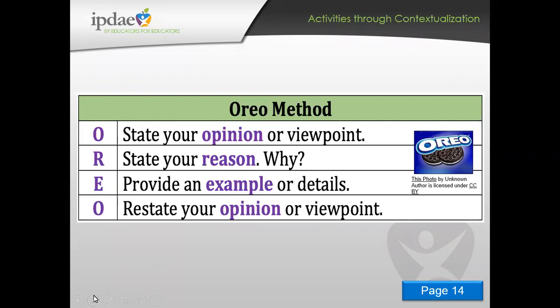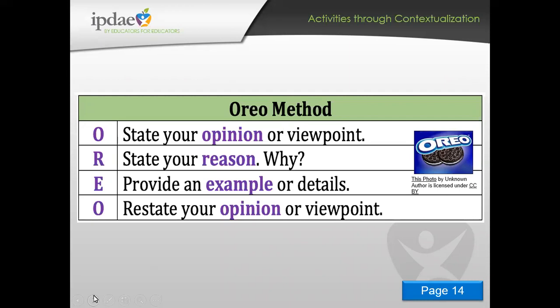In a contextualized activity, students can write about how they feel about specified topics, such as the best way to advertise a product. They can do that in the Oriole Method. And how the Oriole Method is used is you state your opinion or your viewpoint, you state your reasons why, you provide an example or details, and then you restate your opinion or viewpoint again. What I love about the Oriole Method is you can actually double stuff your Oreo.